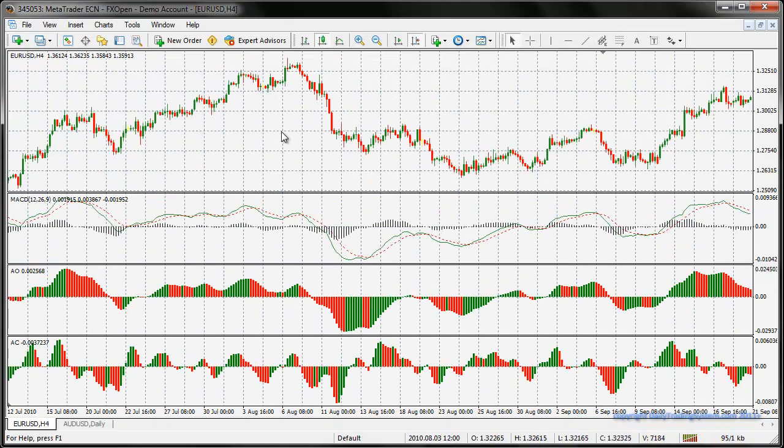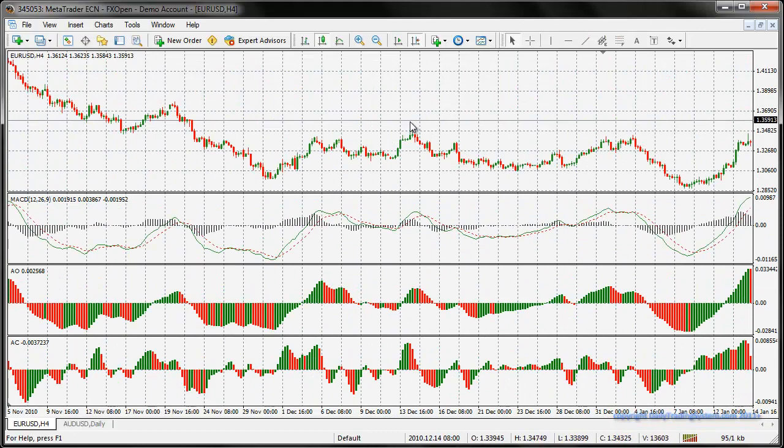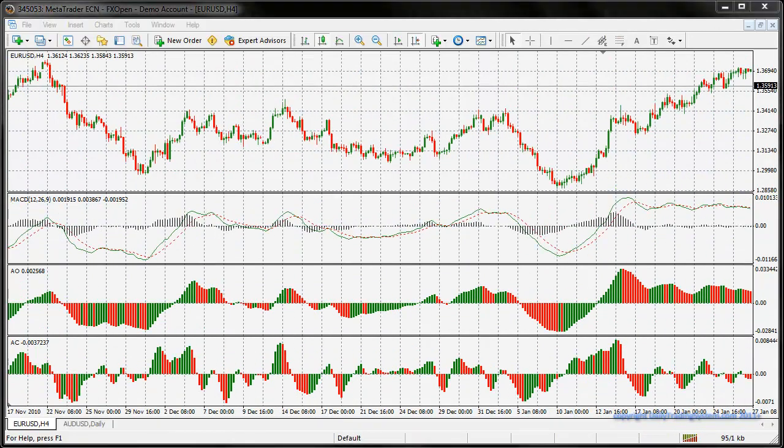I'll give you just one quick more going over so you can understand before I put this video down. When you see that this crosses below the vertical scale, you want to make sure that the iMACD is also crossing in a downwards fashion.